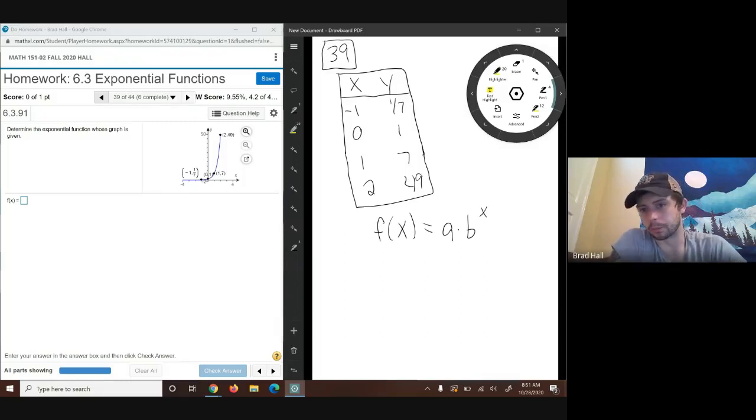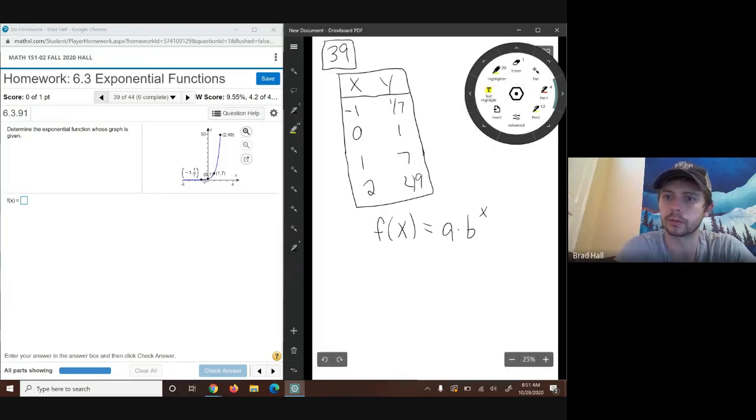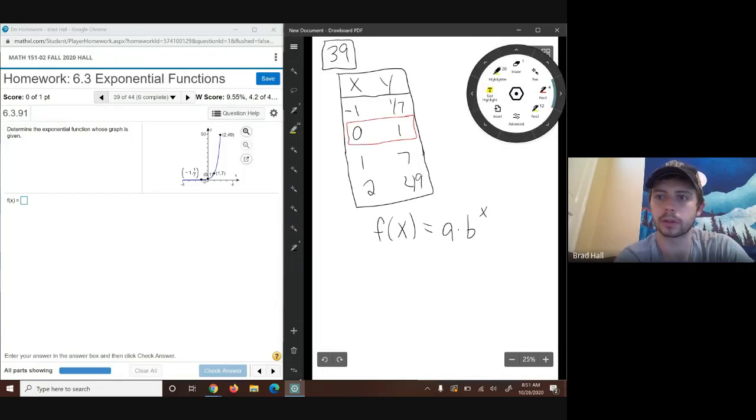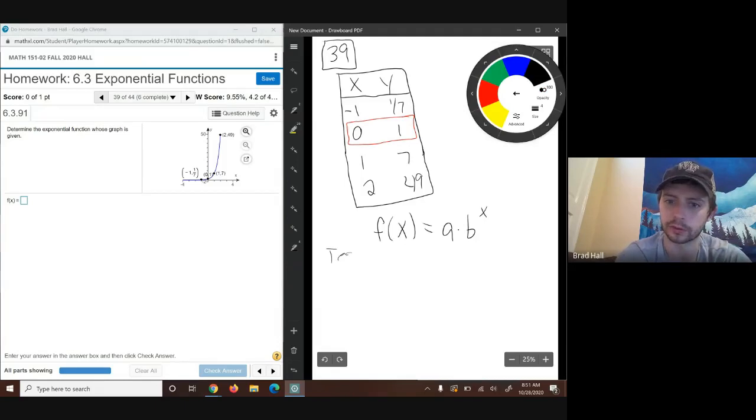And what we did was plug in the y-intercept, so we have a test point of 0, 1.